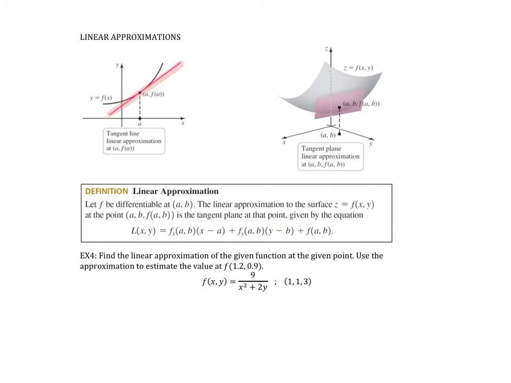And the tangent line is easy to work with, so if I wanted to find some value for my function at some point near A, it's going to be approximately equal to that same y value on my tangent line.